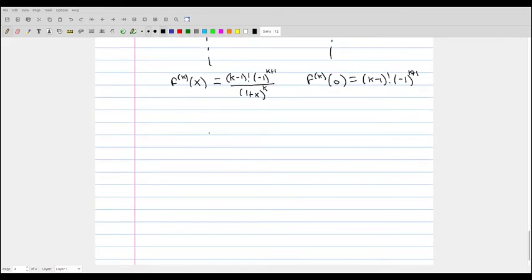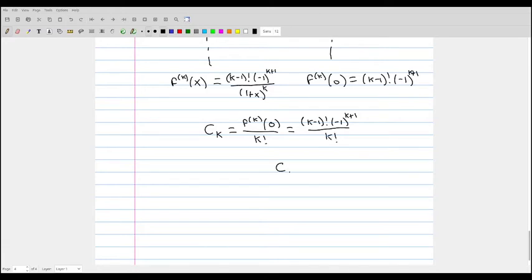So this means, using our Taylor's formula, that c_k is going to be the kth derivative of the function at the expansion point divided by k factorial, or k minus 1 factorial times negative 1 to the k plus 1, divided by k factorial.